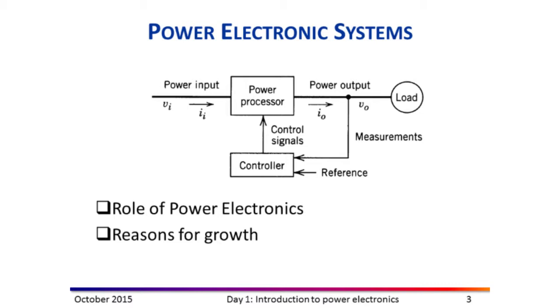Okay, so the role of power electronics, as we discussed about 5 minutes ago, is that it can make the energy or the power convenient to each device depending on the specification of the device.